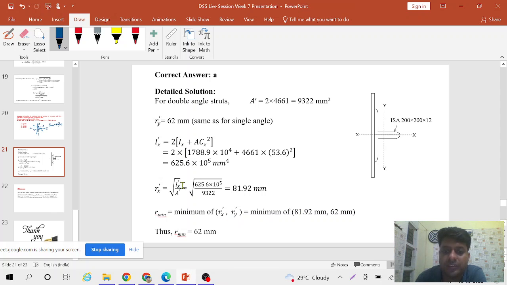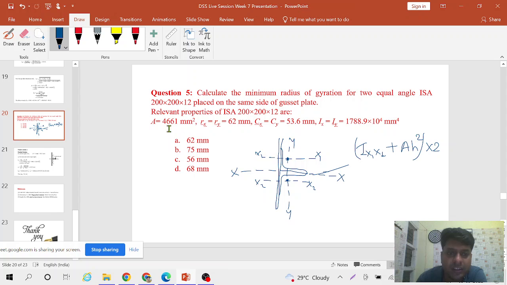We have calculated Rx dash as 81.92 mm, and Ry is the same, as reported. Earlier the y axis was passing from here, and for this built up section the y axis is also passing through the same position. That is why Ry dash is the same, 62 mm, and the minimum of these two is 62 mm, which is equal to R minimum. So the correct option is A.